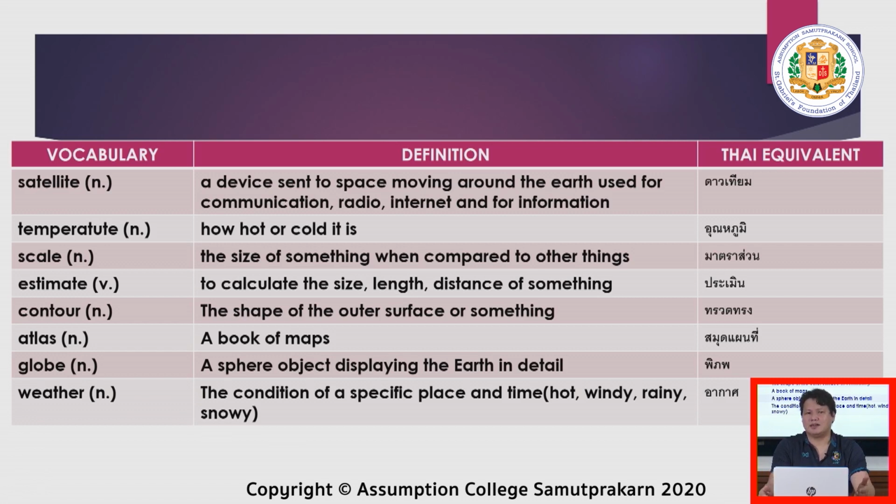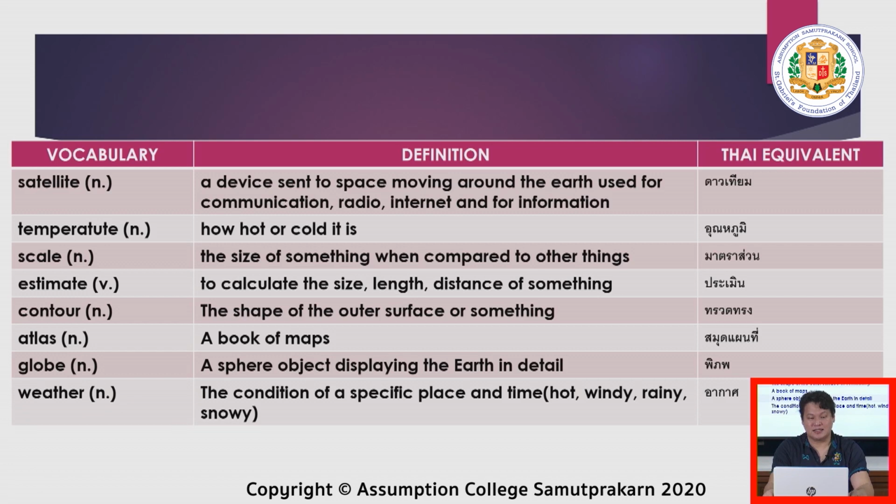For example, I say, what is your estimate of my height? What's your estimate of my weight? Maybe around 1.70, or maybe your weight is around 95 kilos. So, estimate.